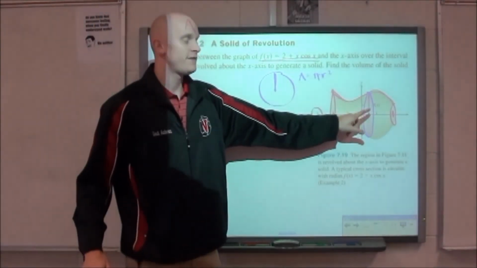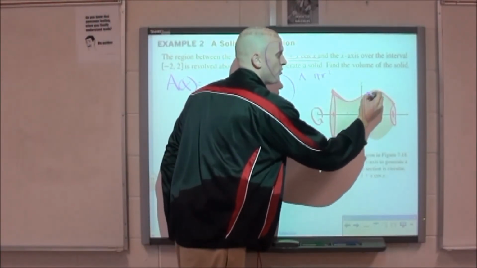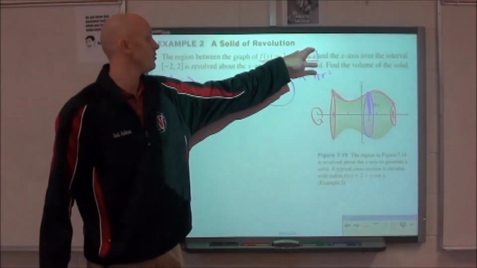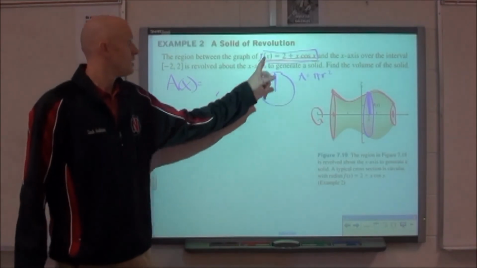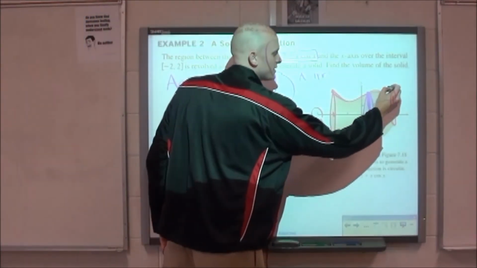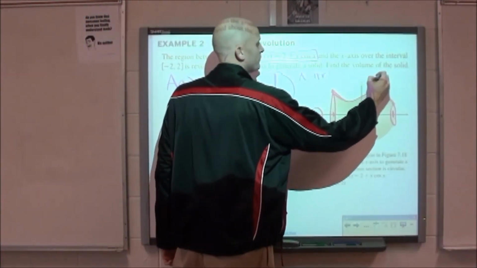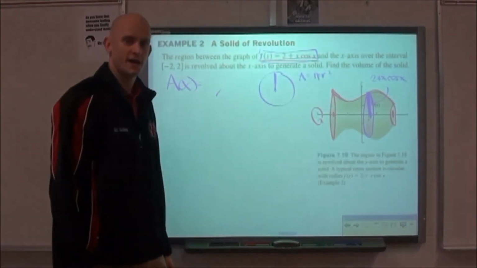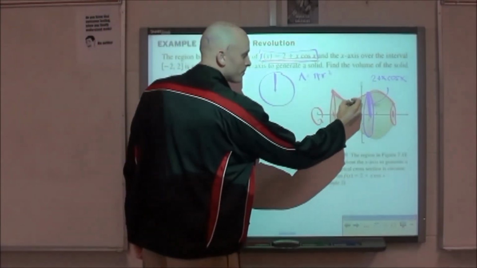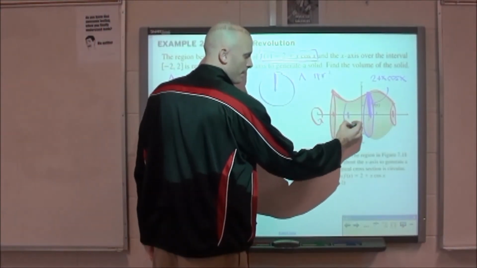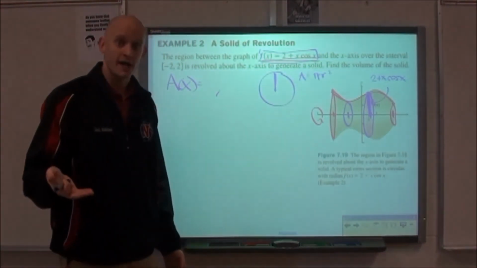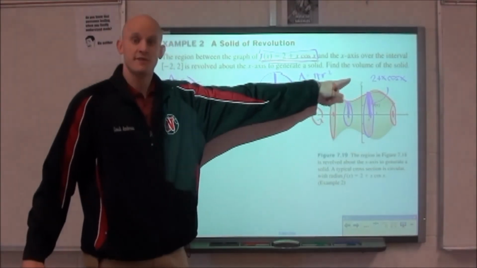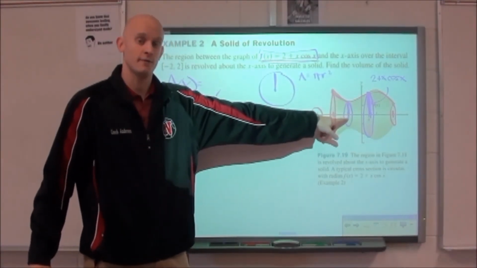The radius of this vase, no matter where we are at on the x-axis, is going to be the function value of f of x. So we have a function value. This radius has a value of 2 plus x cosine x at whatever x value that is. If you look at a different x value, take a look at this one at -1. It is a smaller radius, but it's still the same value from this function with -1 plugged in.